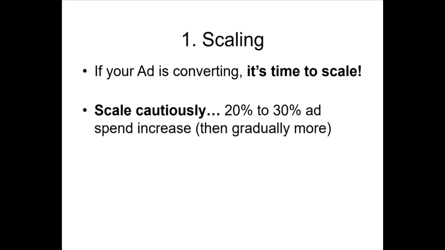So for example, if you have a $100 per day ad set that's doing very well and you intend to spend $300 a day, instead of just editing that ad set and changing it to $300 a day, you want to duplicate that ad set another 2 more times, at $100 each. Because you'll find that Facebook will optimize the ads a lot better than if you try to chuck everything into a single ad set.